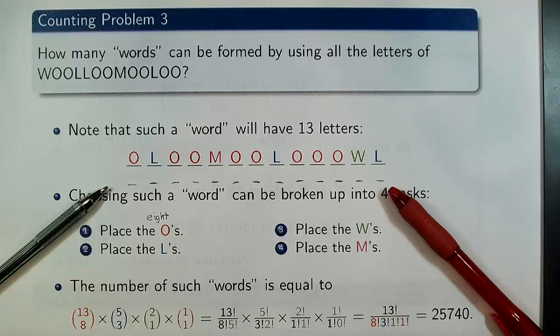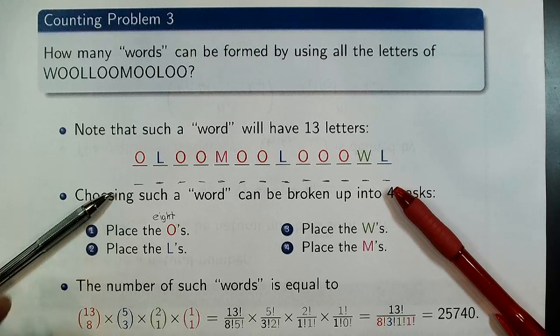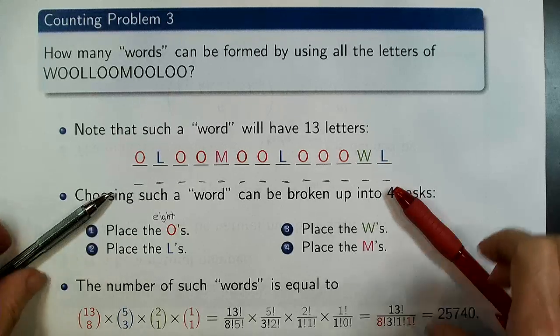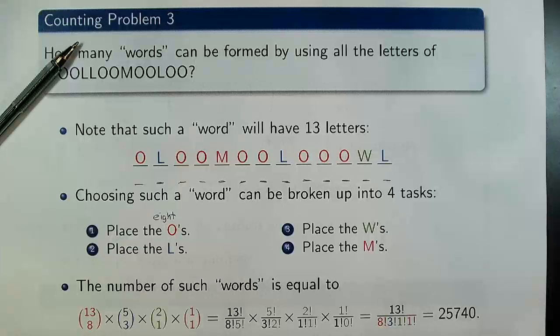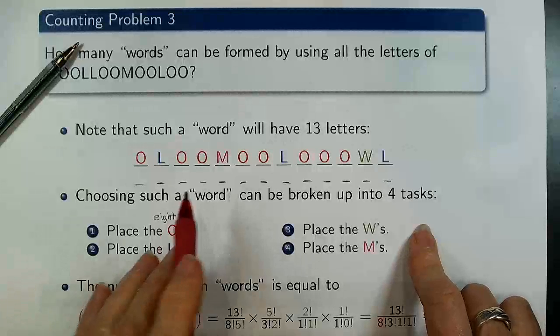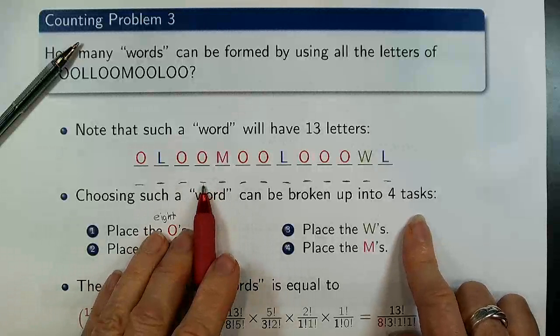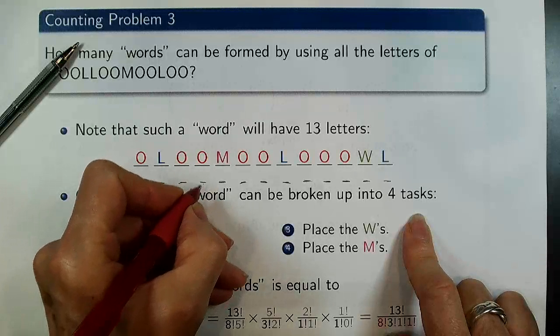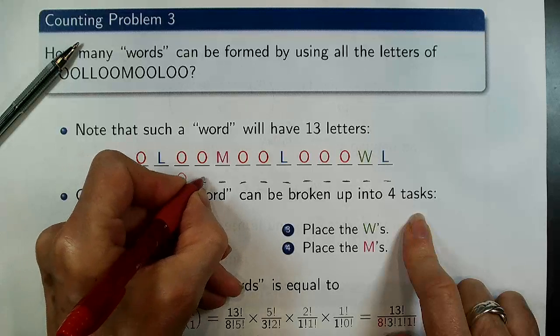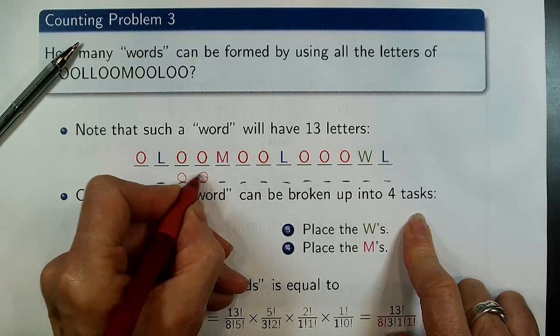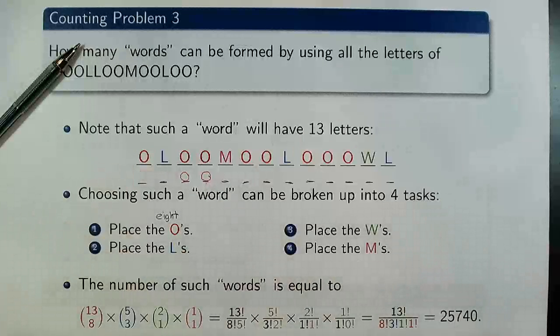All right, 13 choose 8. You're right, you are all so clever, because we're choosing 8 different places. I can't choose the same place twice, because the idea is to put each O in a separate place. I'm not going to put another O there because that's taken, so there's no repetition.